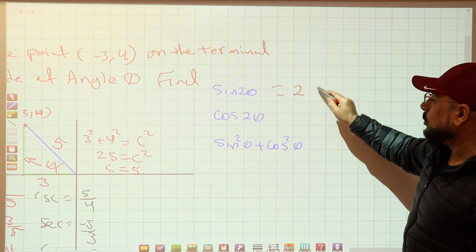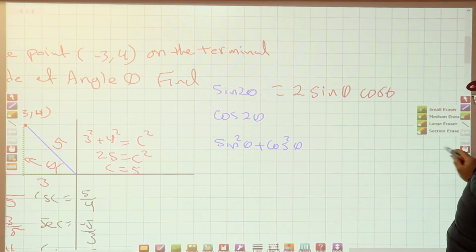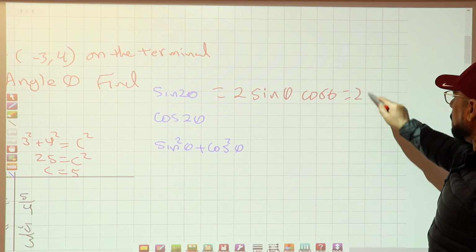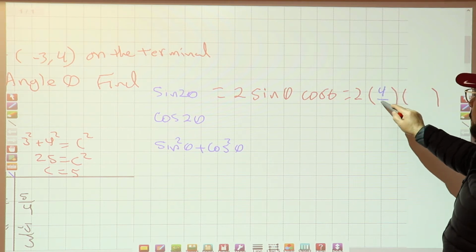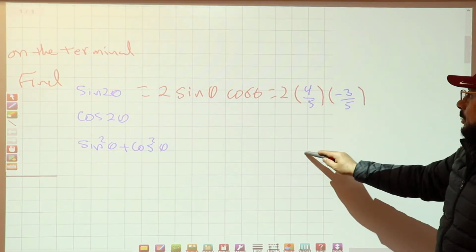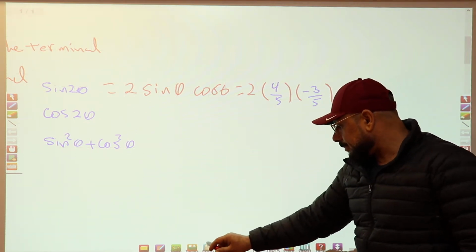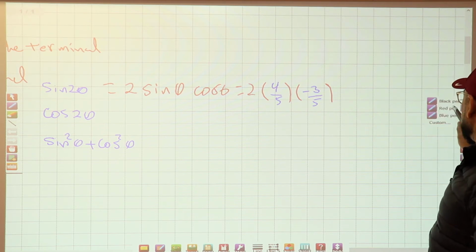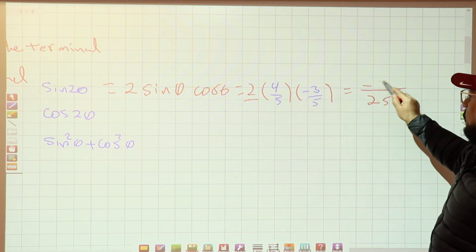From the double angle formula, sine 2 theta equals 2 sine theta cosine theta, which is 2 times 4 over 5 times negative 3 over 5, which equals 5 times 5 is 25, 8 over 25, negative 24 over 25.